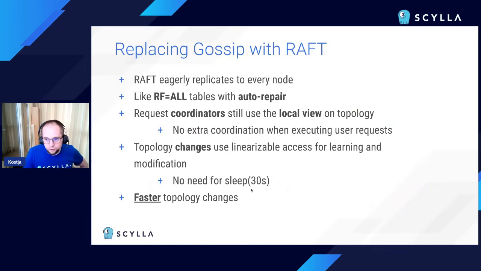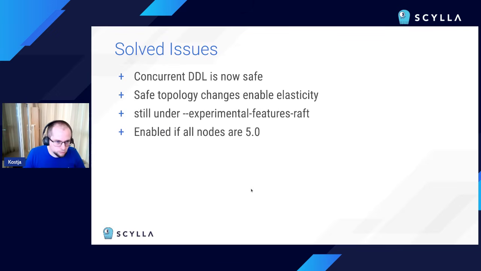And finally, I've already mentioned that we switched to this push scheme. We greatly sped up our cluster assembly. Now our cluster assembles in under a second. In our tests today, we set ring delay to 0 and skip wait for gossip to settle to 0, and it all works.